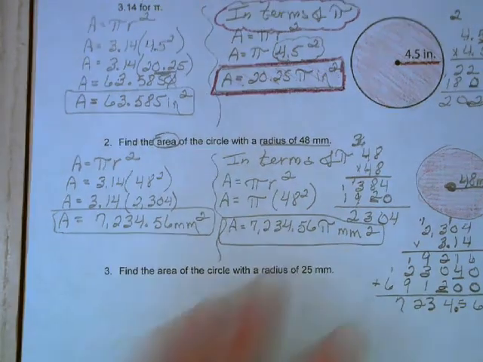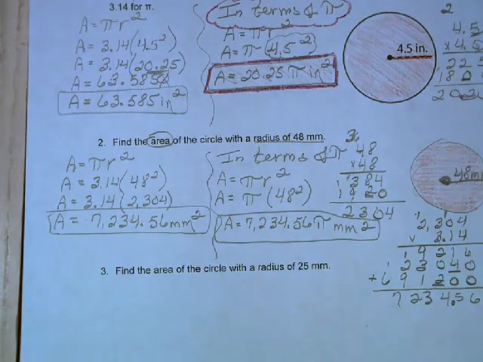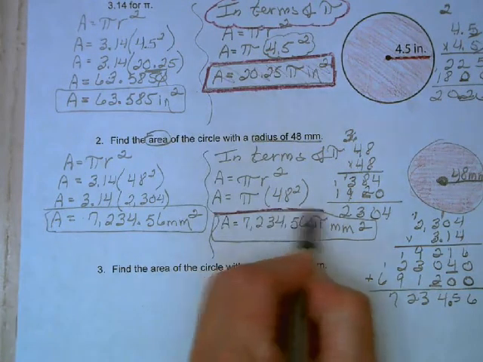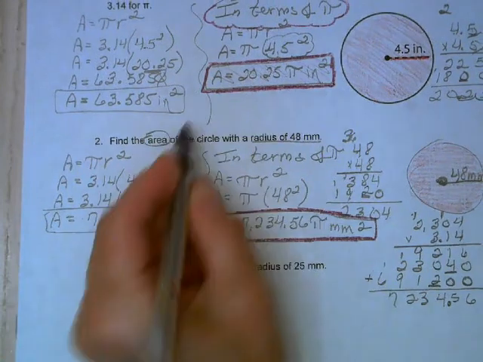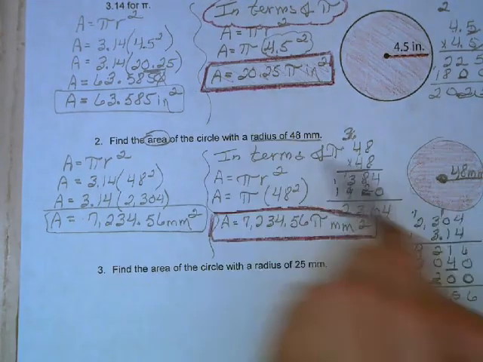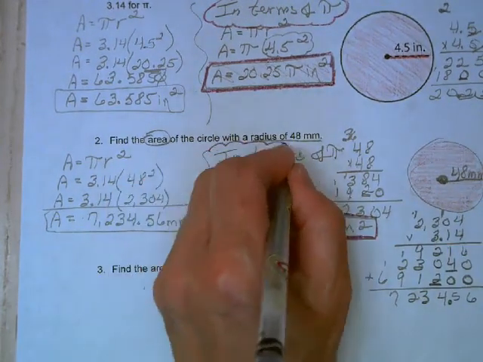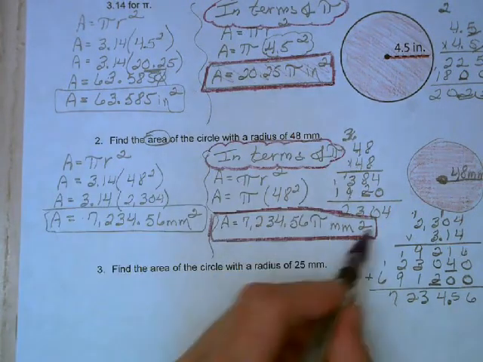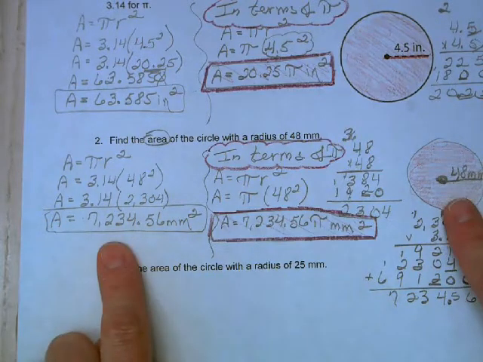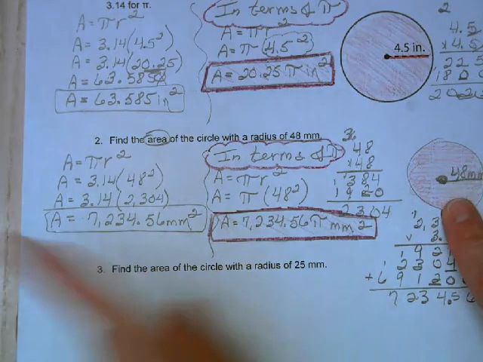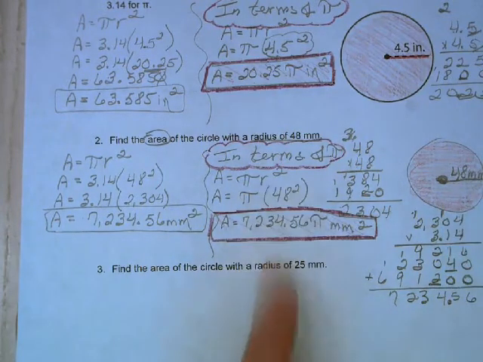Uh-oh, I don't know where my purple one went. Maybe this is it. It's a different purple now, but it's still purple. This is in terms of pi. This is before I found all of the area. So again, the total area that's covered, and in terms of pi before I found the actual area.